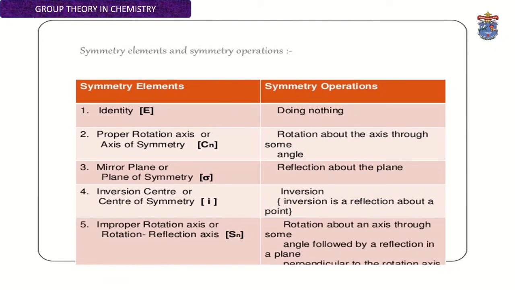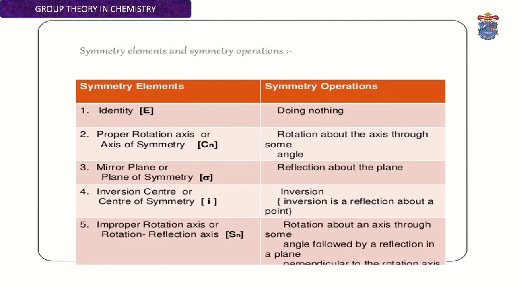The third symmetry element is the mirror plane, or we can say it is a plane of symmetry, and it is represented by sigma. So reflection about the plane is done for the plane of symmetry. Next is the inversion center or center of symmetry. It is represented by small i.